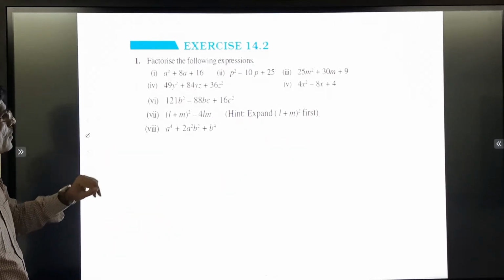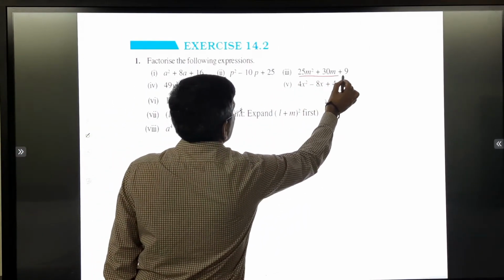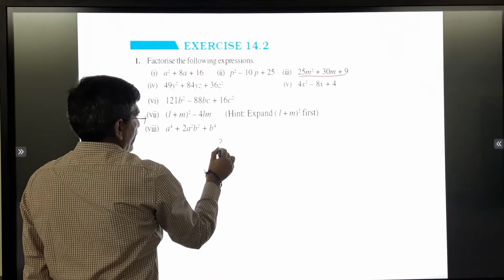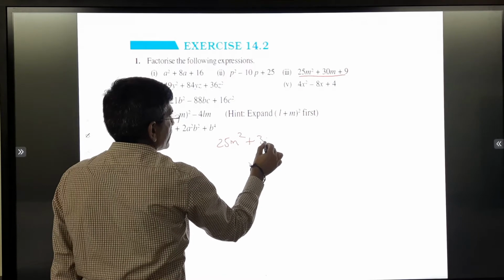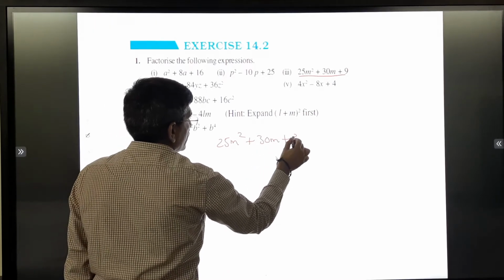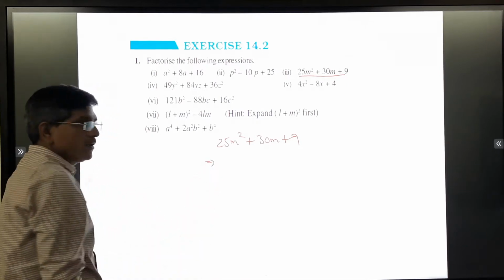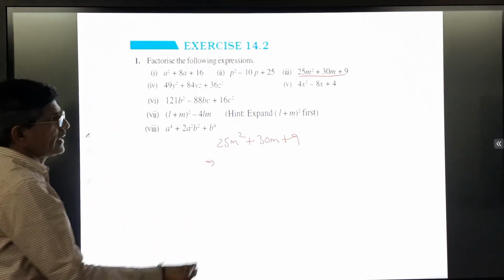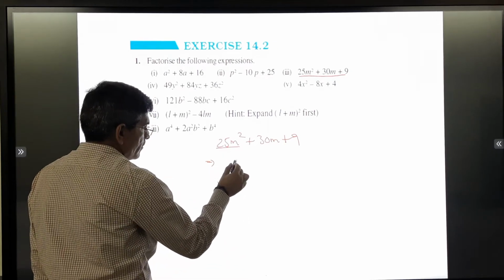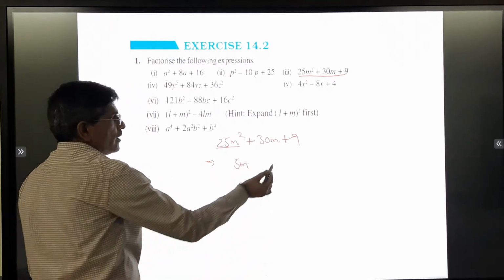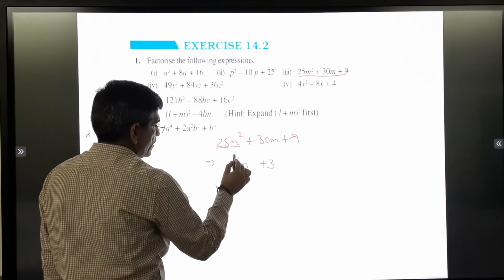So two sums we have already completed. Now go for the third: 25 m square plus 30m plus 9. We can write the direct answer if it is for 1 mark or an MCQ. How will I write the answer directly? 25 means 5m, and 9 means plus 3.